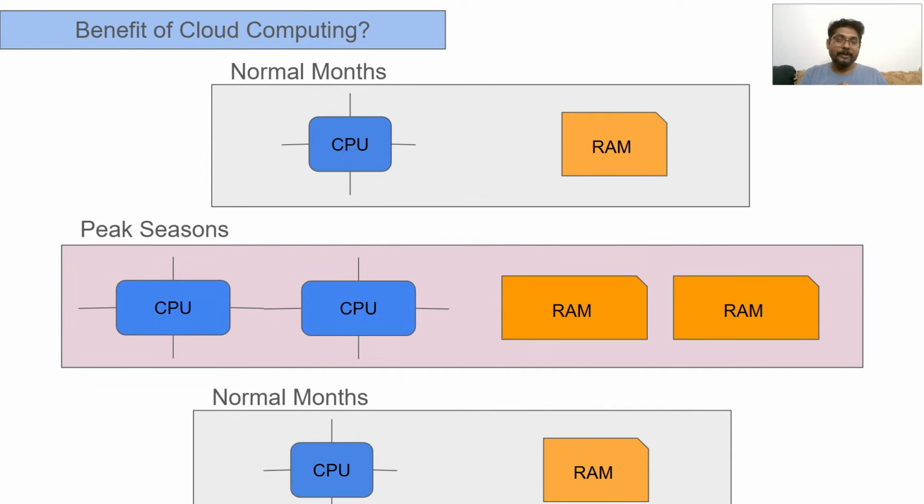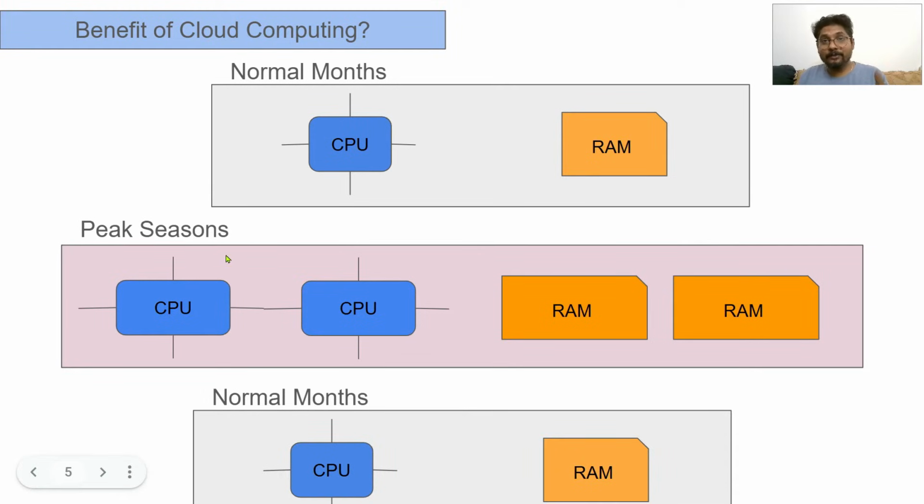But with cloud computing, the benefit is the moment I need it, I use it and I pay for that. If I don't want it, I remove it and I don't pay for those additional things. So here if you see, in the normal months, I'll just pay for 1 CPU, 1 RAM. And for peak seasons, I will pay for 2 CPUs and 2 RAMs.